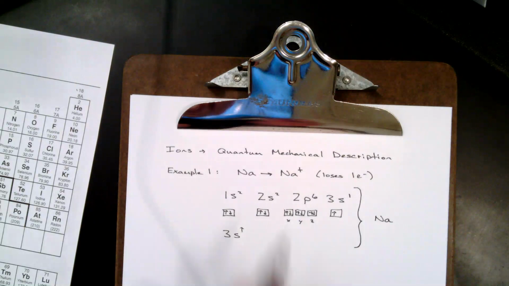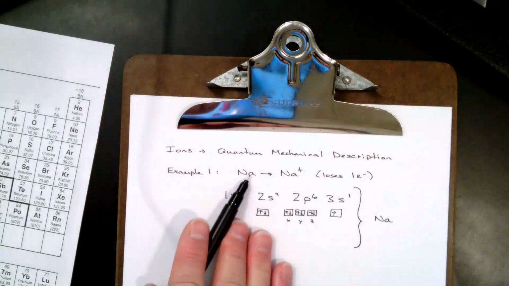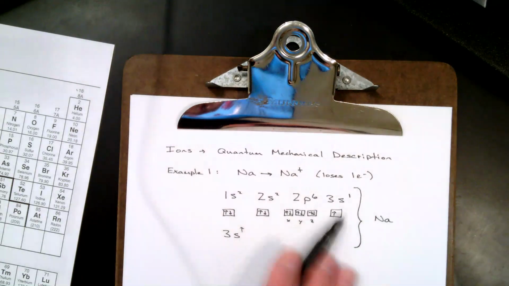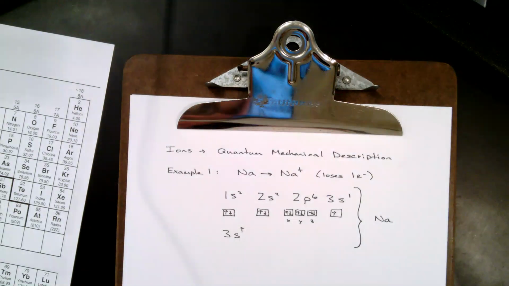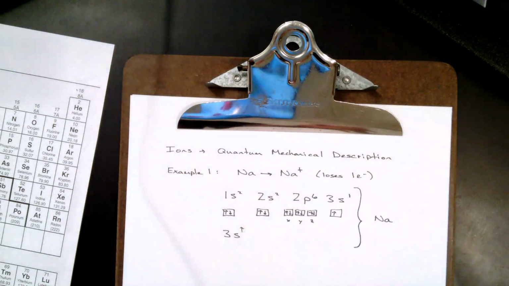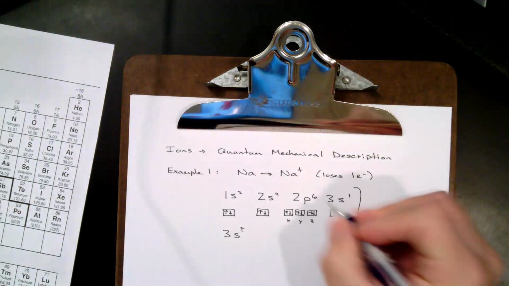But we know that Na has a desire to lose this one valence electron, because on the outside there is only one electron.